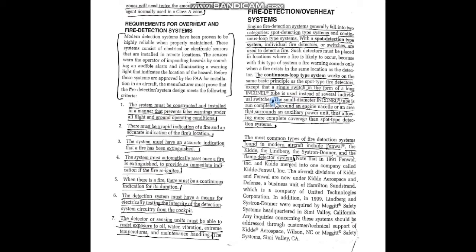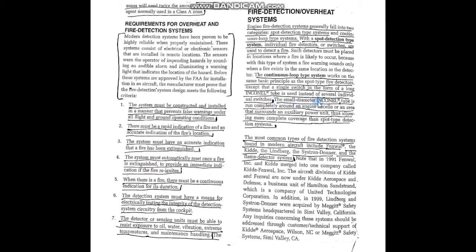That means we will use a continuous loop for detection of a large area, but the spot type will use more than one for a large area.